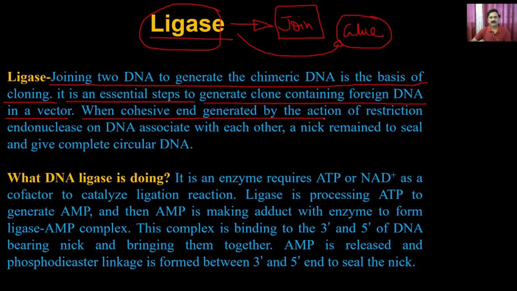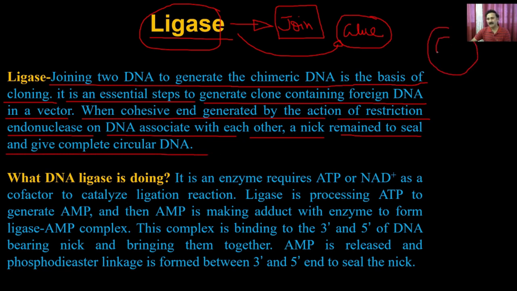When the cohesive ends generated by the action of the restriction endonuclease on the DNA associate with each other, a nick remains to be sealed to give the complementary DNA sequence. Which means if you have this particular type of vector, it has a nick on one side and a nick on the other side.